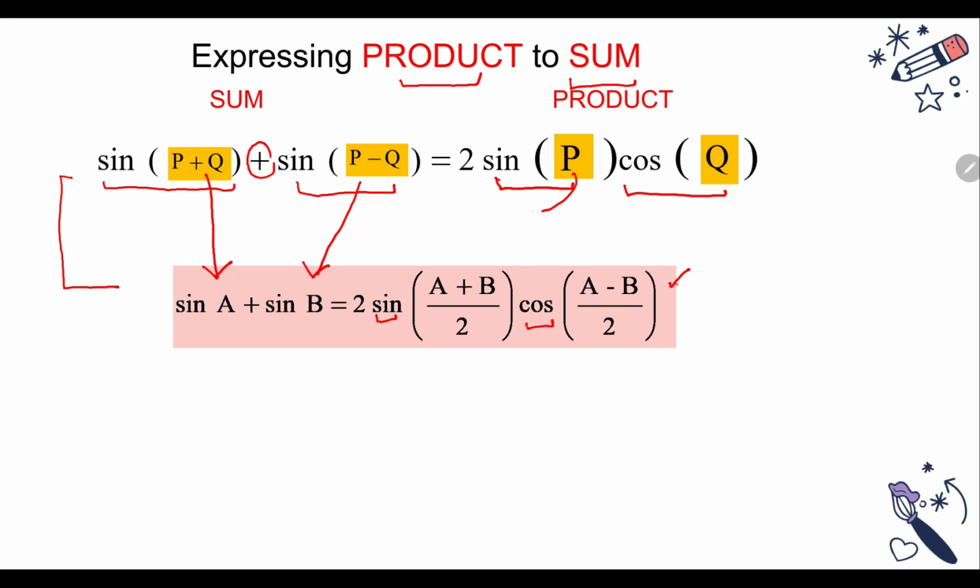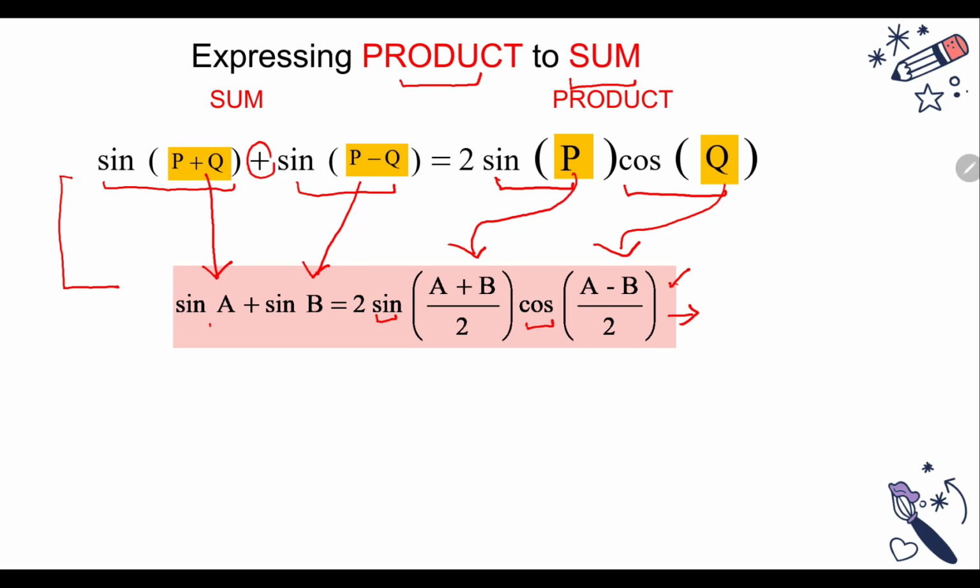The only difference is P is (A plus B) over 2 and Q is (A minus B) over 2. So we use the factor formula by replacing A with P plus Q, and (A plus B) over 2 with P. Remember, this is the factor formula that we have learned before.